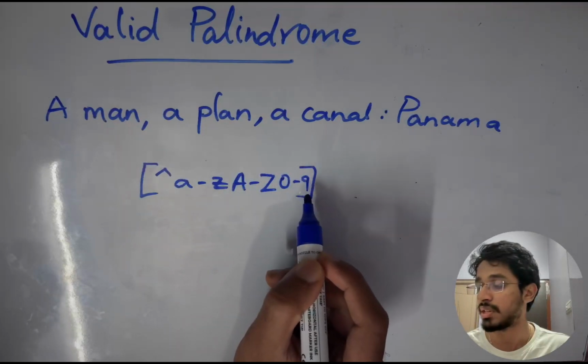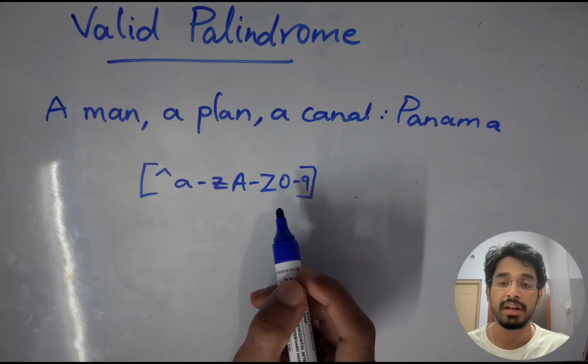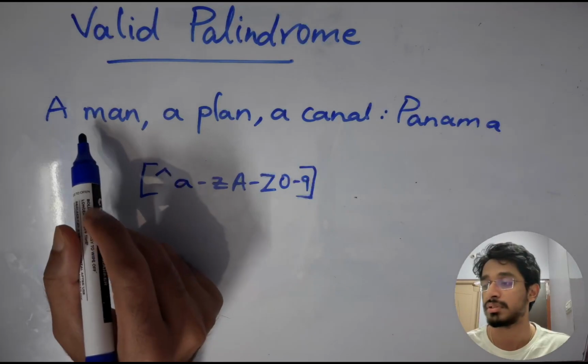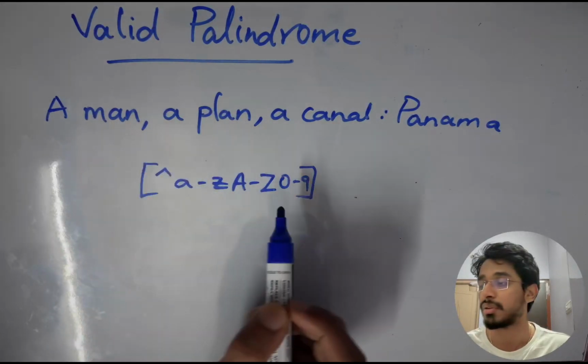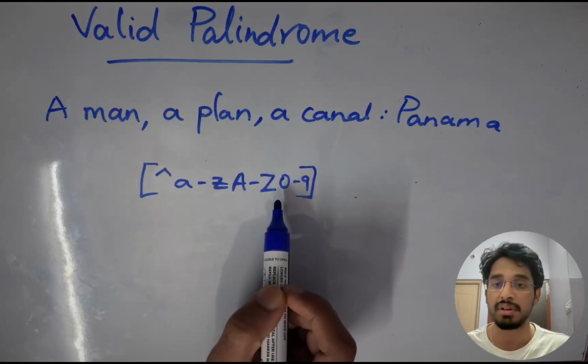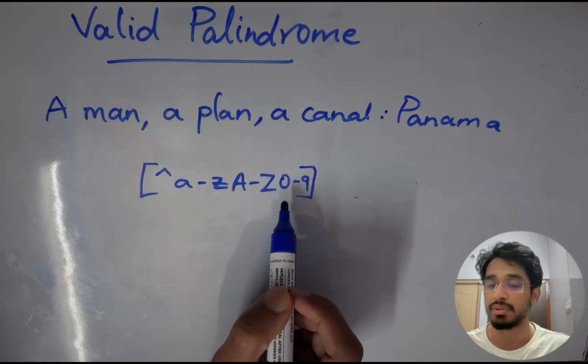Only these are the right candidates for checking a valid palindrome. So we check every character, and if it matches this regular expression, then we pass that.